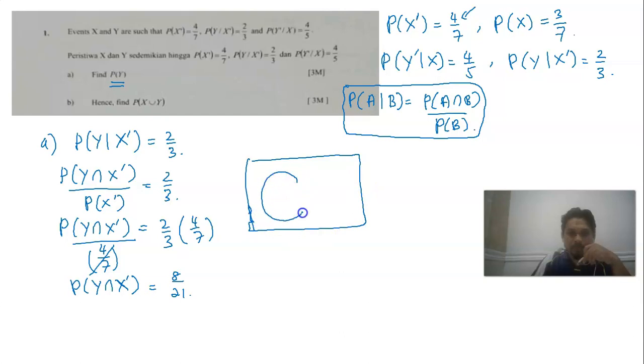This is the element for X and Y. The whole of Y intersect with X complement, and X complement means all the elements outside of X, which is not X. As long as it's not in X. So where do they intersect each other? Not here, not here, but it's all here.